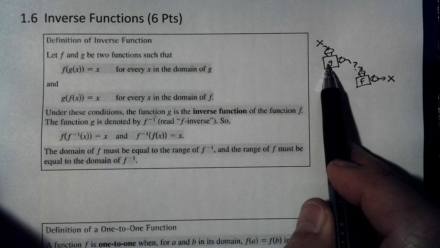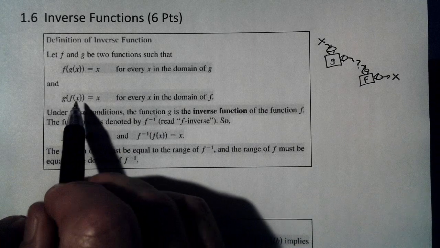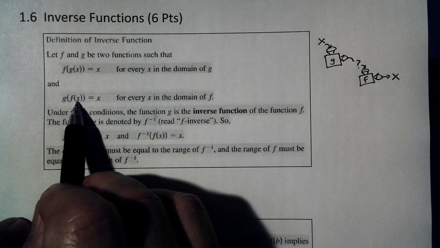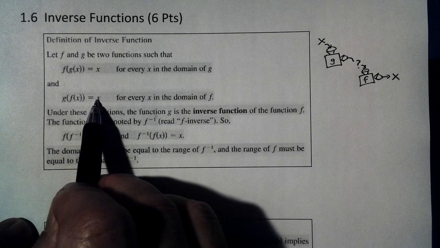Whatever work g is doing, f is undoing. Or in this case, f takes x, changes it into something, but g just turns it right back.